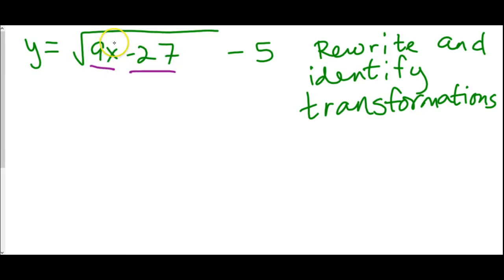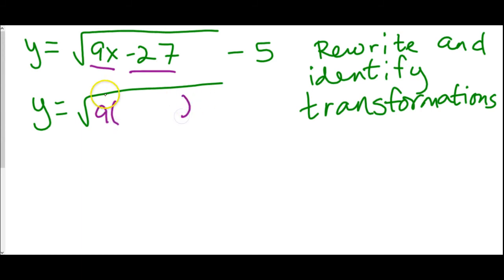So under the square root still, we're going to take out the 9. We want the 9, and then we're going to put parentheses, and we have to figure out what's left inside the parentheses. To do that, we divide each of those by 9. 9 divided by 9 cancels, and you're just left with the letter x. 27 divided by 9 is negative 3. Then we still have the minus 5 at the end.